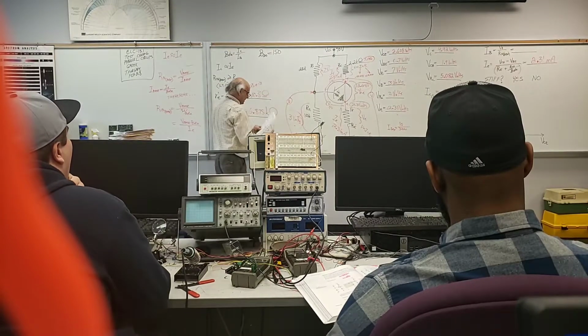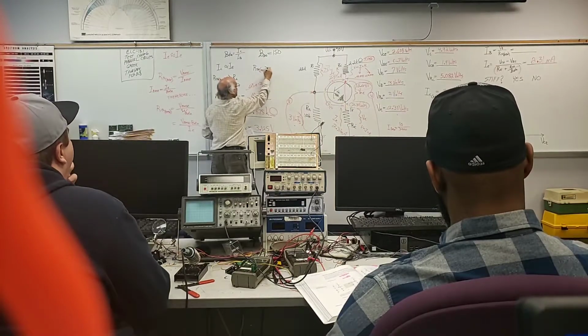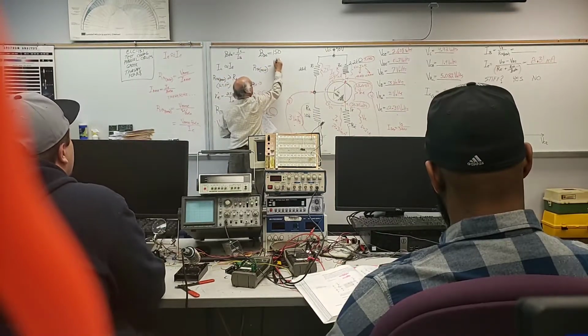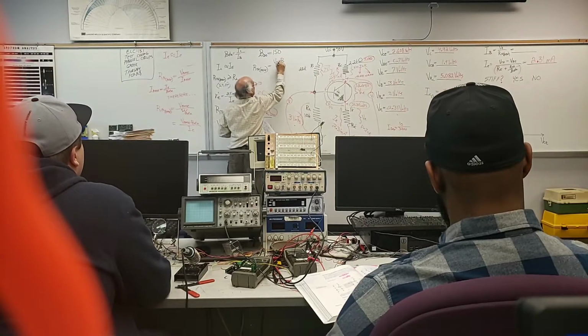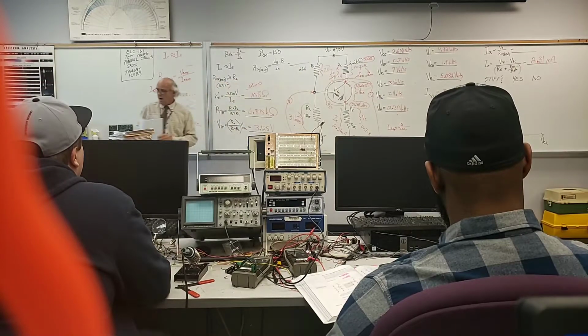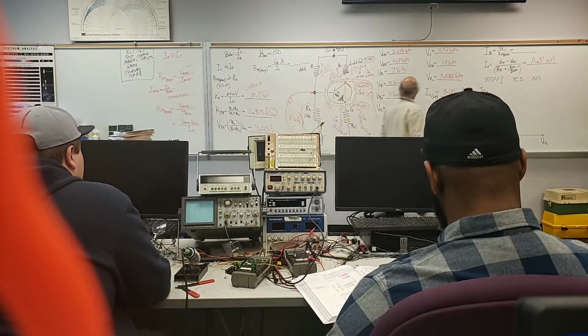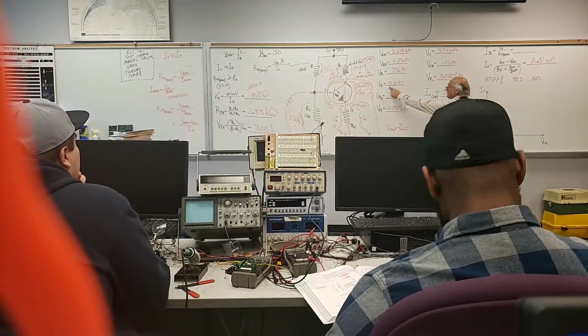I meant to put this up there too, it's the Rin at the base. It is equal to the voltage at the base times beta divided by the emitter current. So I got all these numbers, the voltage at the base. Voltage at the base is 3 volts.